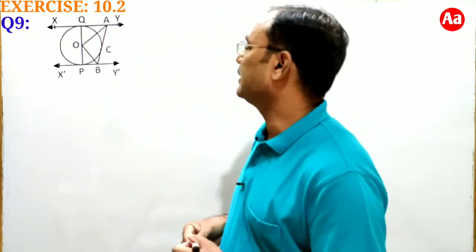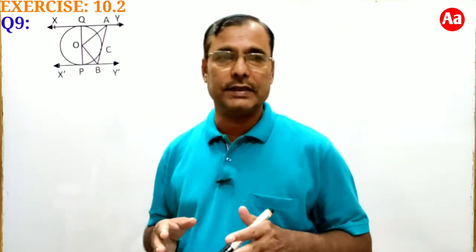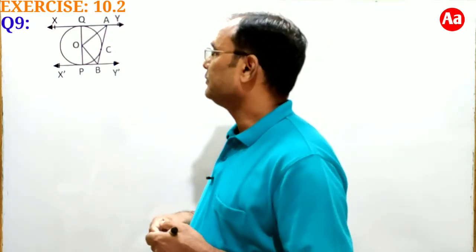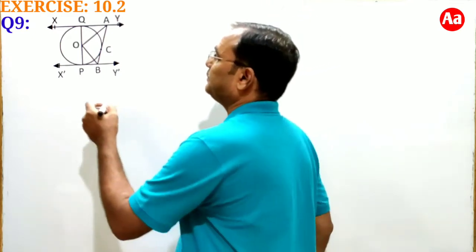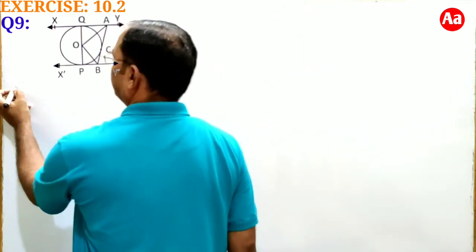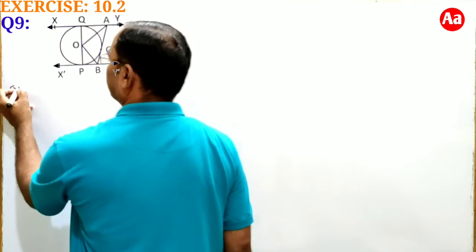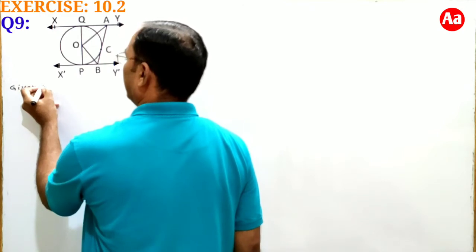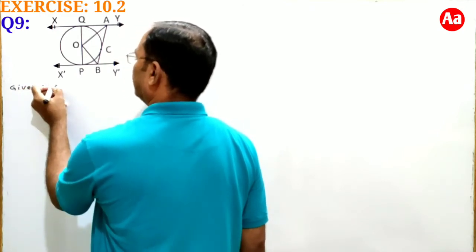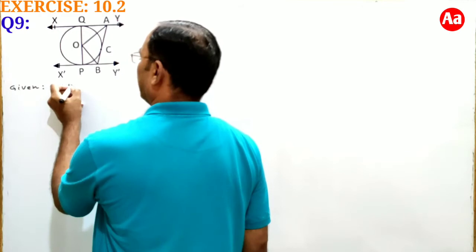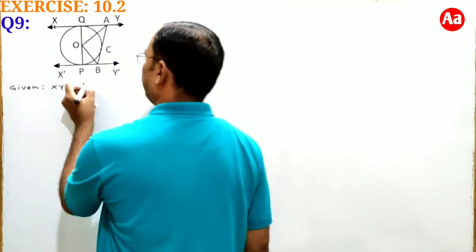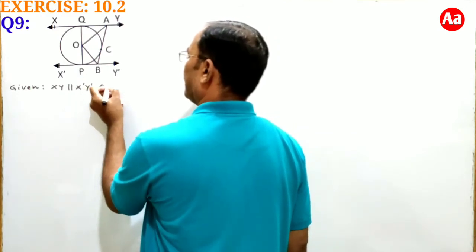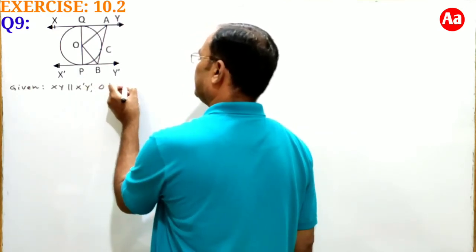In this given figure, in order to prove this result, angle AOB equal to 90 degrees, let us write given. XY is parallel to X dash Y dash. O is center of the circle.